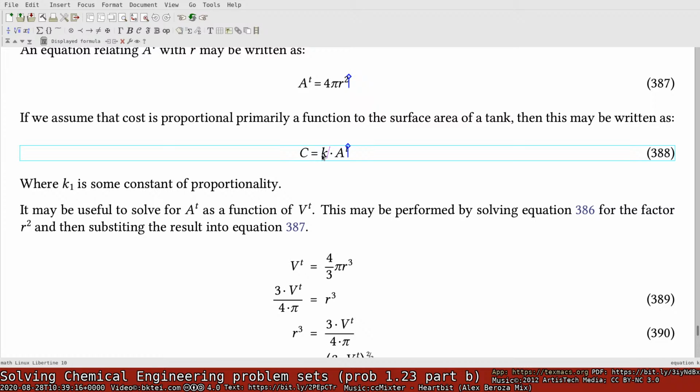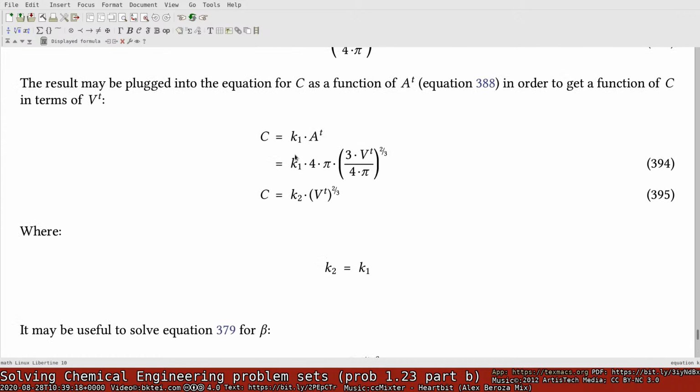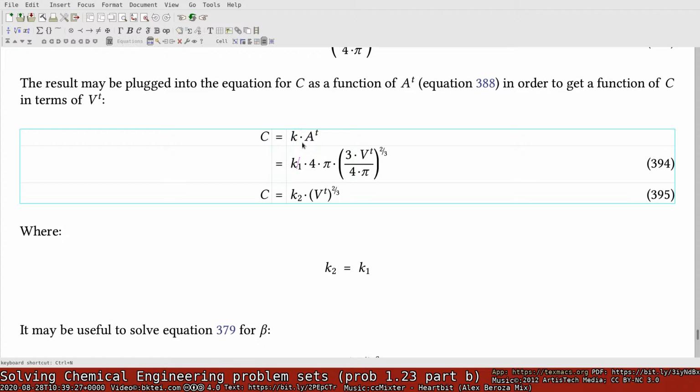I get rid of that. No, it's okay. We can leave K1 in there.